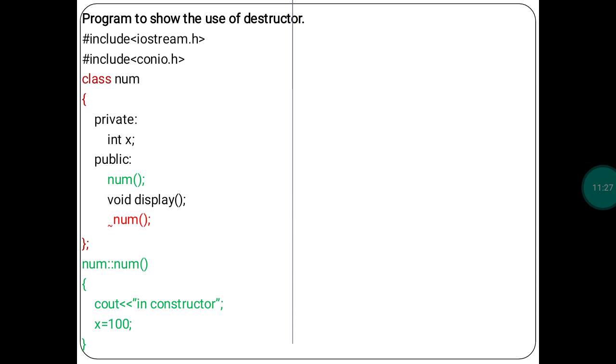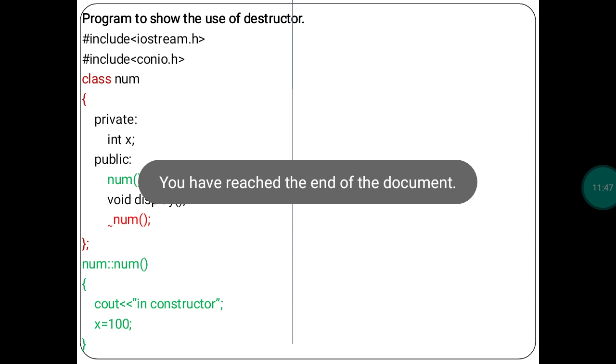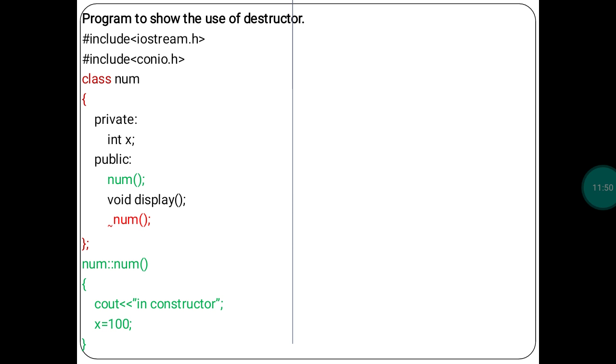Then we will display, and then we will use the tilde operator with num, which is called the destructor. Next, in the constructor, x is equal to 100. We have assigned the value 100 to x. So this is the use of constructors. When you use the destructor, whatever memory is there will be destroyed automatically.